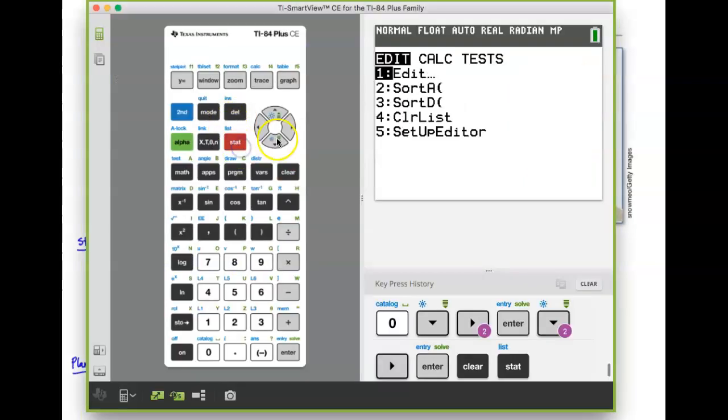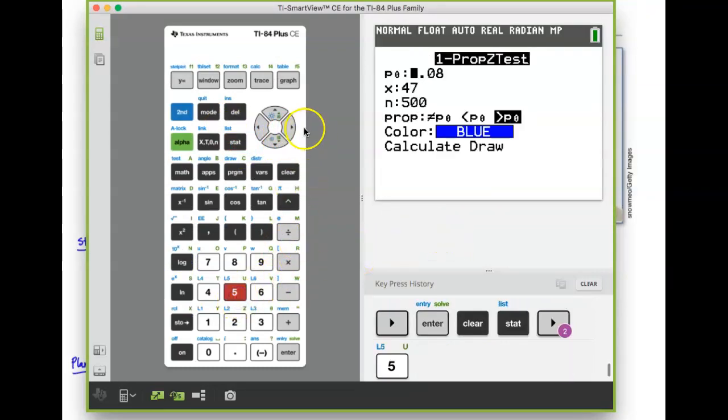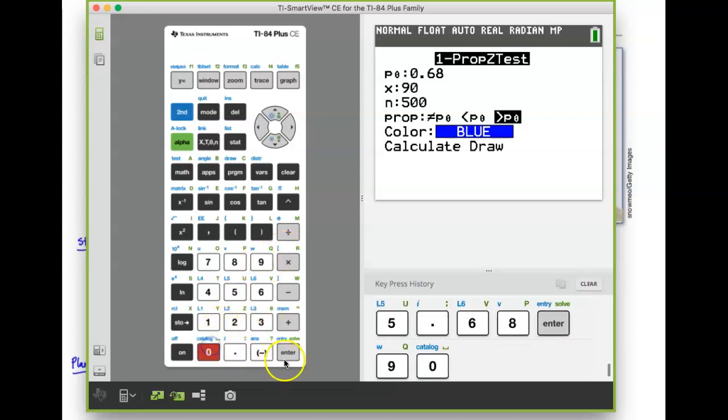All right, so for our do step, I'm going to go to tests. On my one prop z-test, the p-value is 0.68. Here, oh, what was it, 90 out of 150. 90 there, 150. And I need to change this to not equal to.